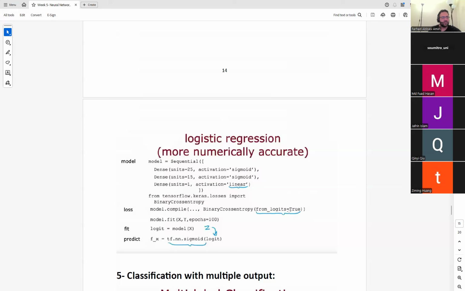We activate the logits, fit our model, but our model generates logits, the Z. And then in the last step for our prediction, we get the sigmoid of the logits, which is our output. For example, the sigmoid of logits is f of x, or the probability. For example, it is 0.7. It means a 70% chance for y being 1.